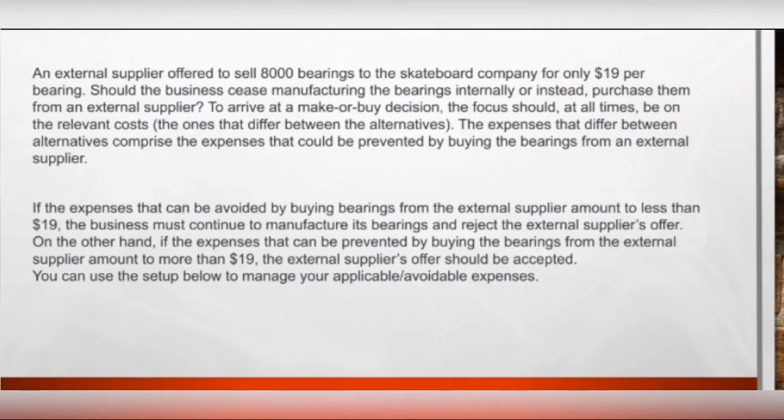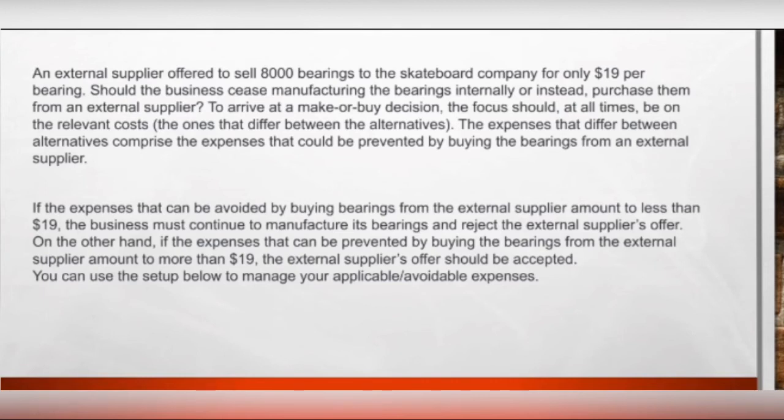To arrive at a make or buy decision, the focus should at all times be on the relevant costs, the ones that differ between the alternatives. The expenses that differ between alternatives comprise expenses that could be prevented by buying the bearings from an external supplier.